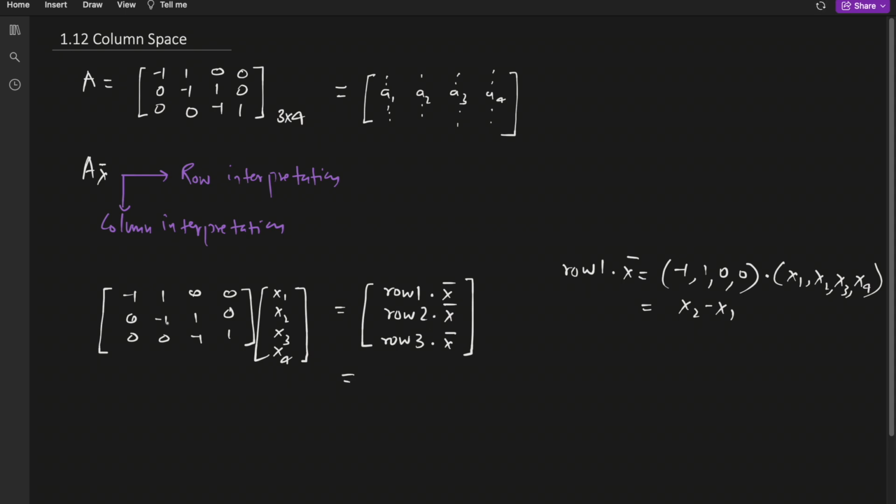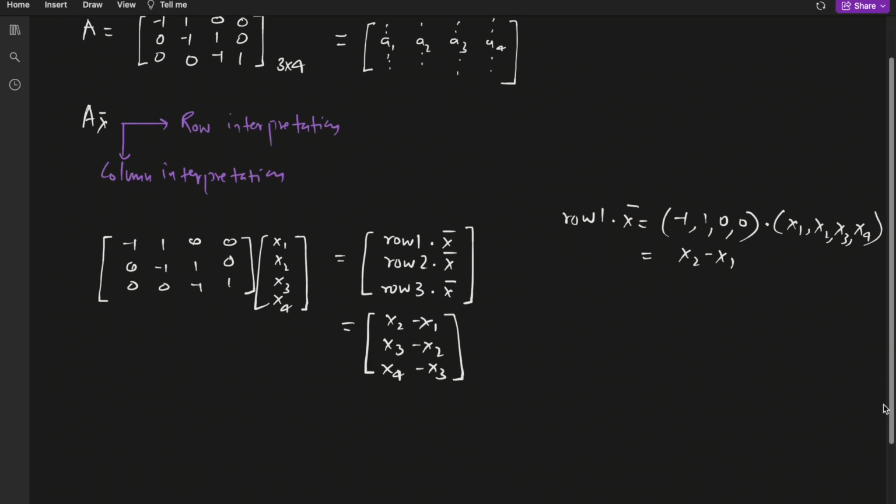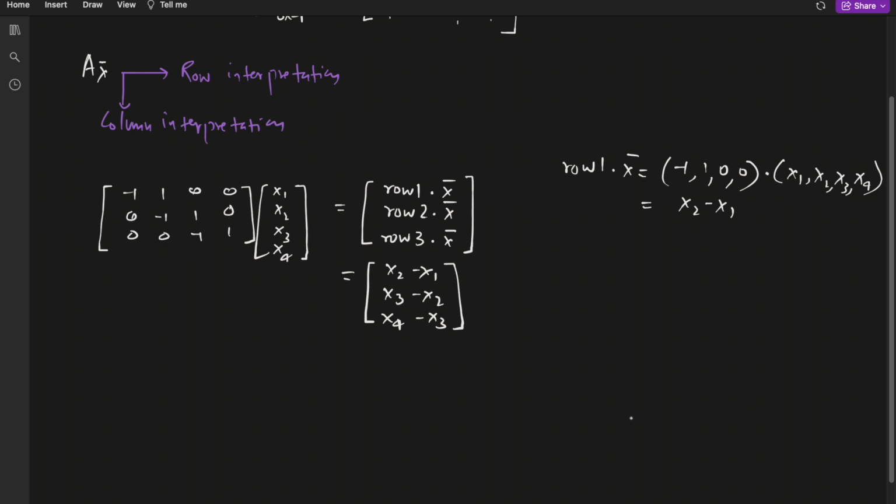This row interpretation is simply taking the dot product of every row of the matrix with that vector. So this matrix vector product will become x2 minus x1, x3 minus x2 and x4 minus x3. This is why it is a difference matrix, because we are taking the difference of the components of vector x: x2 minus x1, x3 minus x2. So this is one interpretation of the matrix vector product AX.